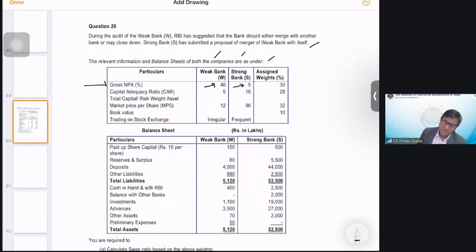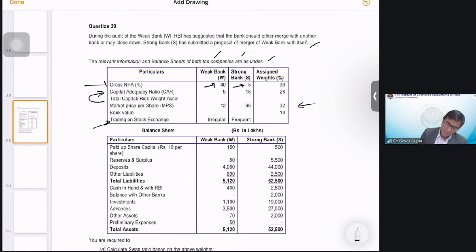Capital adequacy ratio is 5 and 16. That means how adequate your capital is to fund your overall assets: total capital divided by the risk weighted assets. Then market price per share is 12.96 and the assigned weight is 32.